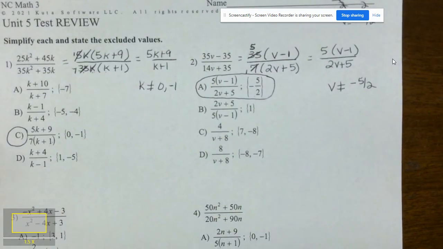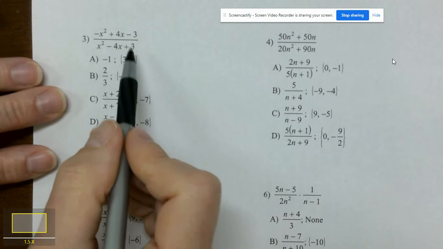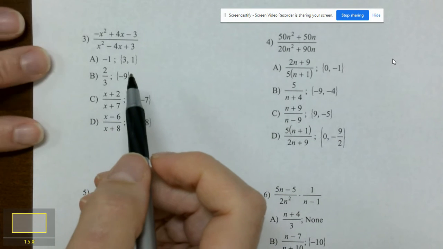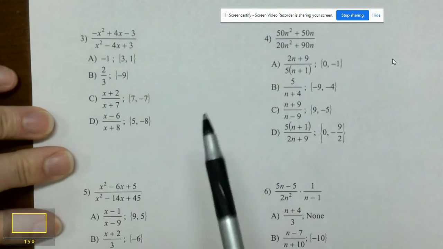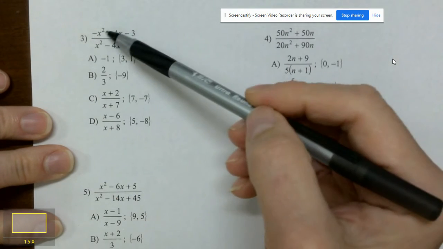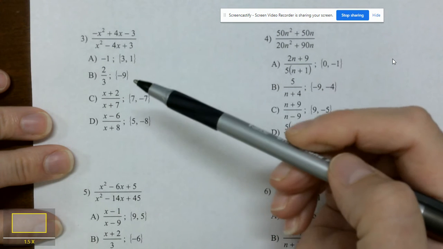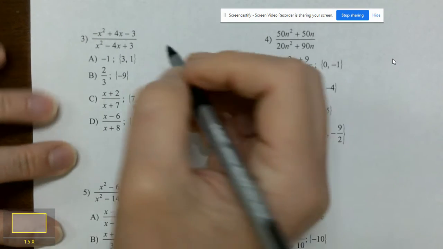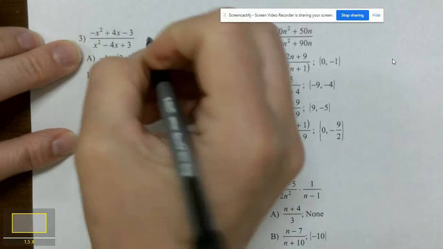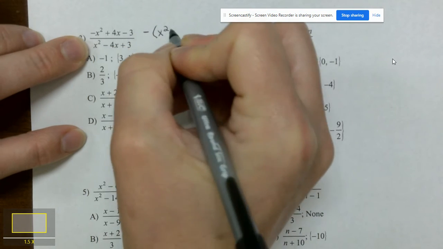Okay. If we look at number 3, for these we're going to have to factor them. Now, if we look real closely at this, notice something. x squared plus 4x minus 3. So let's see what we can do here. What if I took a negative out up here? Just a negative. Let's see what happens. That makes that positive.